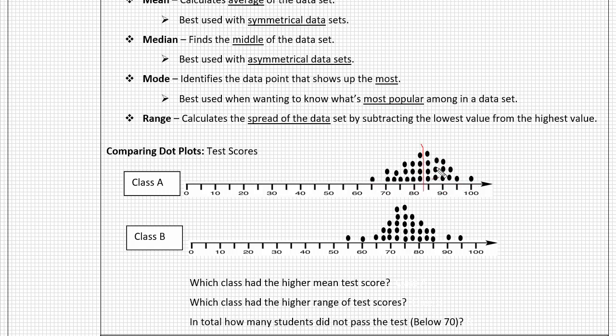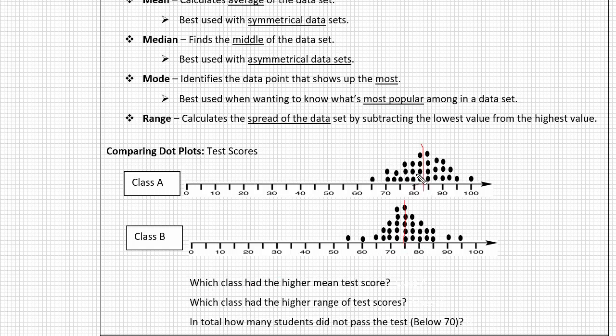But it looks like for most students, the average was right around 83 or 84 out of 100. What do you think about Class B? It looks a little bit lower. I might put it here at 75, perhaps a little bit lower, but it's hard to say. It would definitely be lower than Class A.